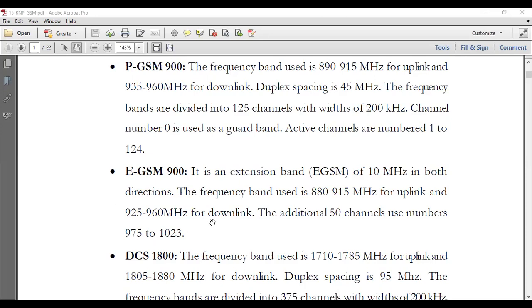So in our country, 900 and 1800 bands are used. All the operators, Grameen, Robi, all the operators have frequency chunks from these bands. And of course, some frequencies are left unused within these bands. So when the phone sweeps, it can find out where there is energy.